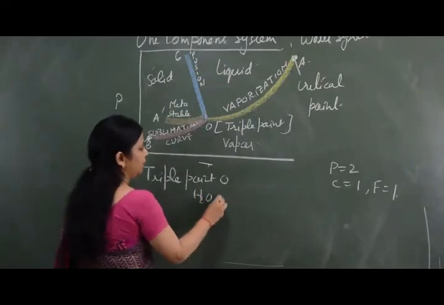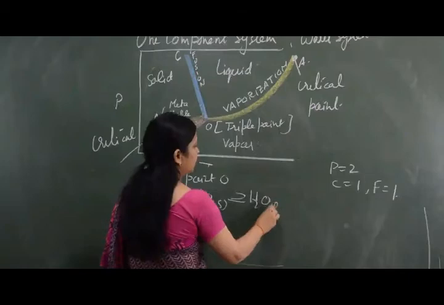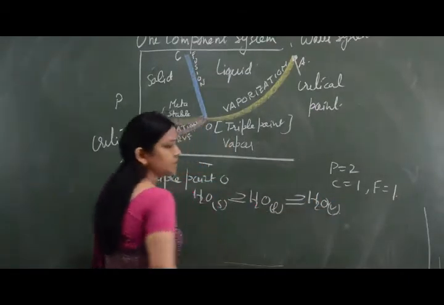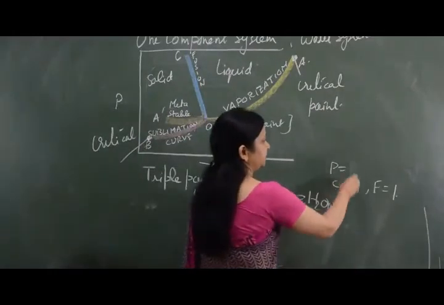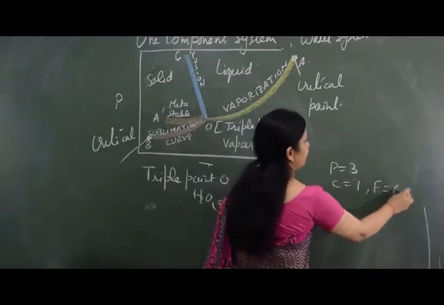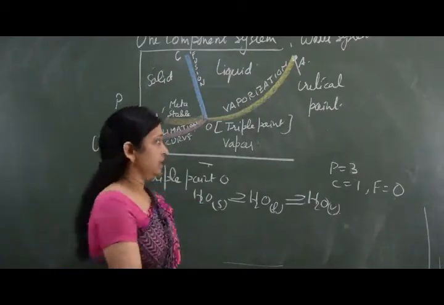Water in solid state is in equilibrium with water in liquid state, and this is in equilibrium with water in vapor state. So, here the number of phases is 3. Component is 1, and when we calculate the degree of freedom, it is 0. The system here is non-variant.